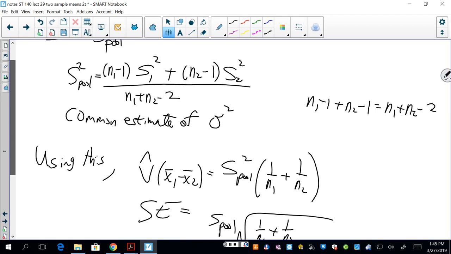Yes. So instead of having a separate sigma 1 squared and a separate sigma 2 squared estimated separately, if that unknown variance is really the same, and our data is equally spread out in both groups around the different means, we put them together and just use that one estimate.